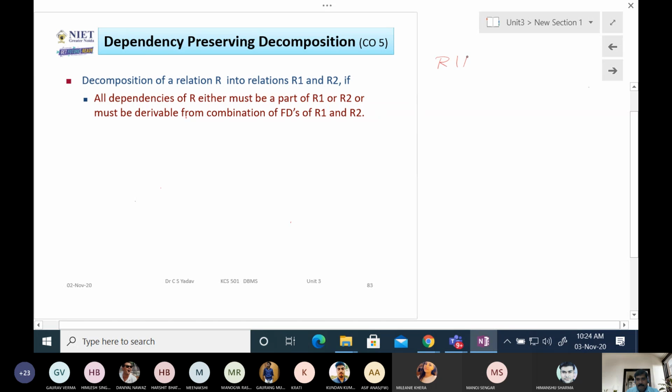R is A1, A2, A3, A4, A5. We decompose R into R1, R2, R3.